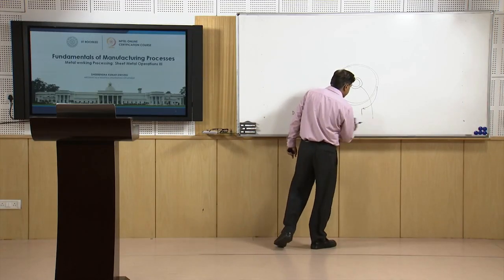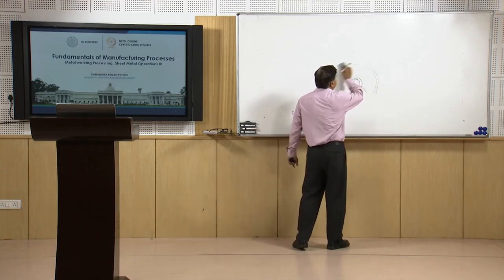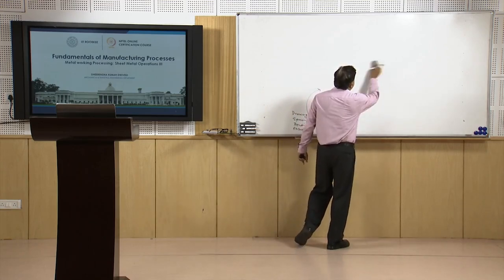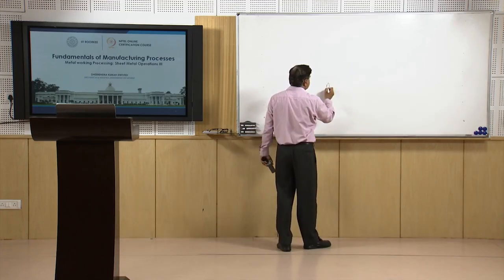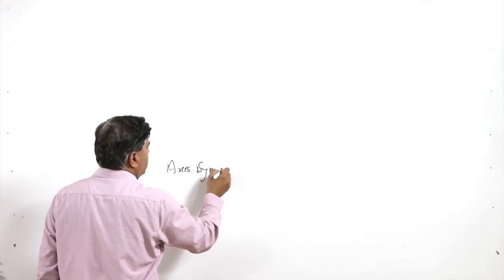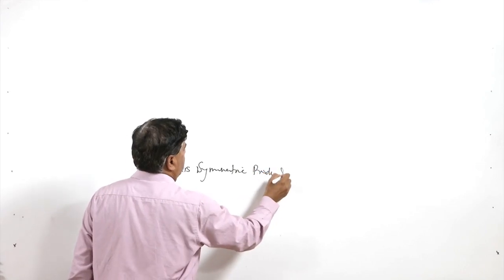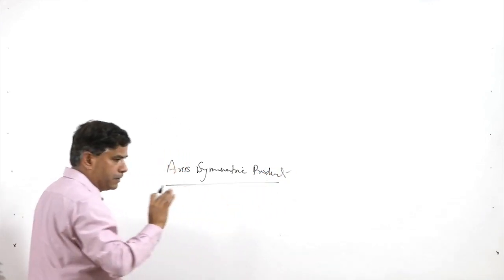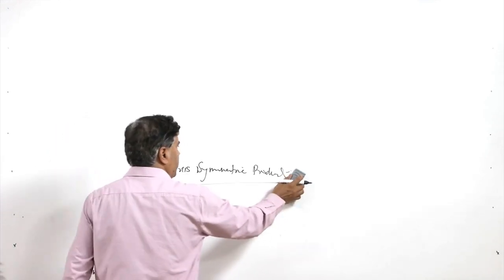Now, coming to another sheet metal operation, which is called the spinning process. Spinning is basically used for making axis symmetric products. About the axis of the product, the configuration is uniform.